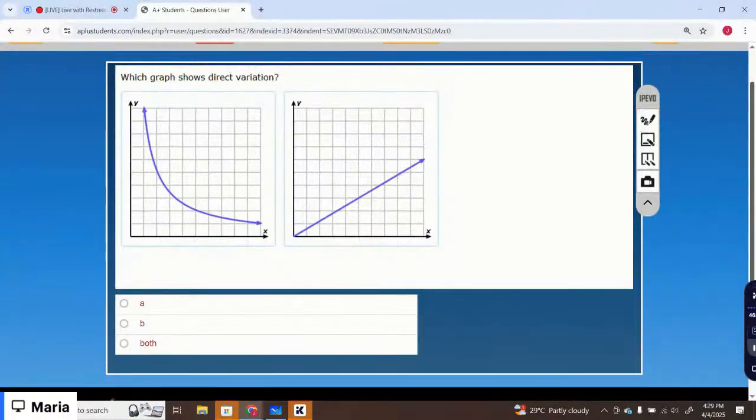Which graph shows the direct variation? A shows the inverse variation and B shows the direct variation. So the correct option is B.